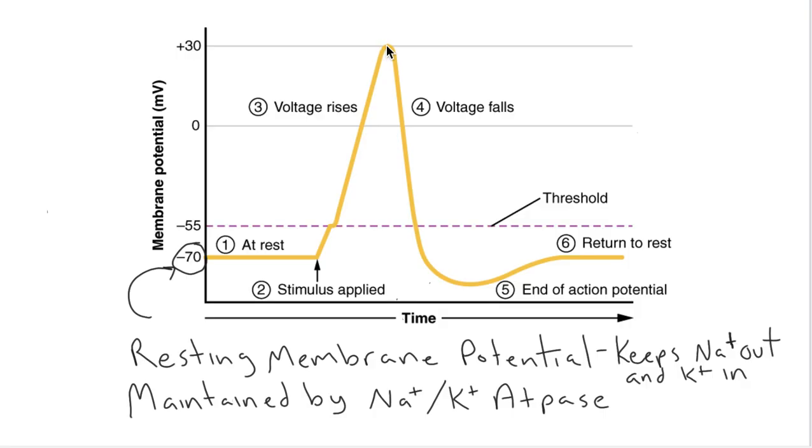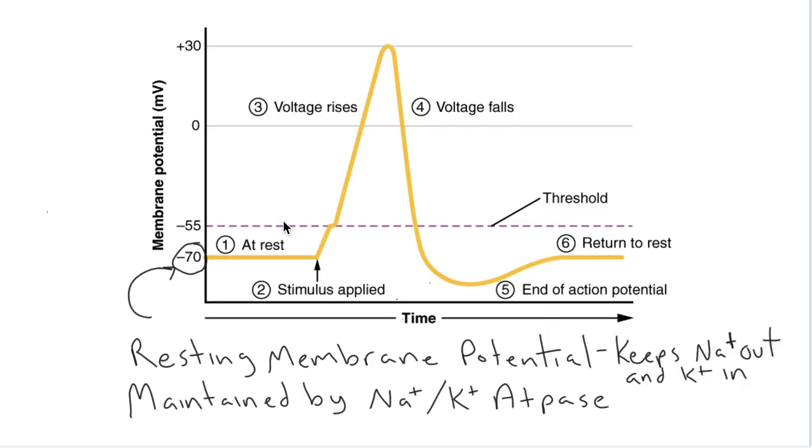Once that event is over, the K leaks out to try to bring us back to where we were. So this action potential is ending, okay? This charge is coming back down. And this pump, the sodium potassium ATPase pump, has to return the sodium and potassium to where they were in the beginning.